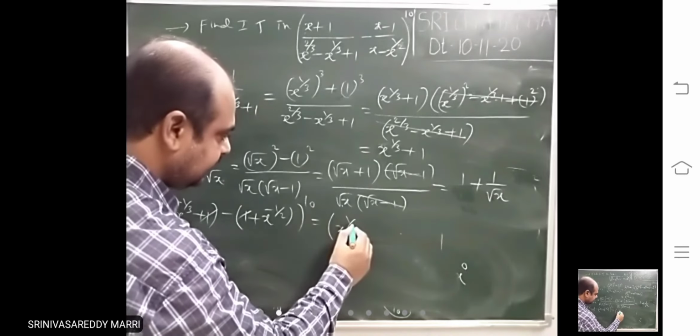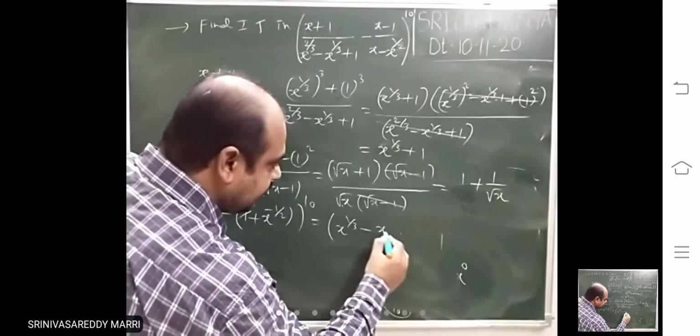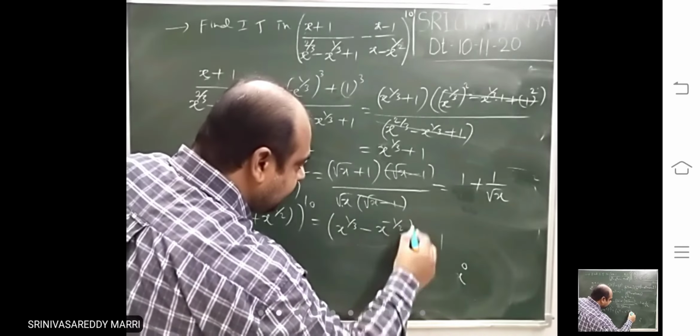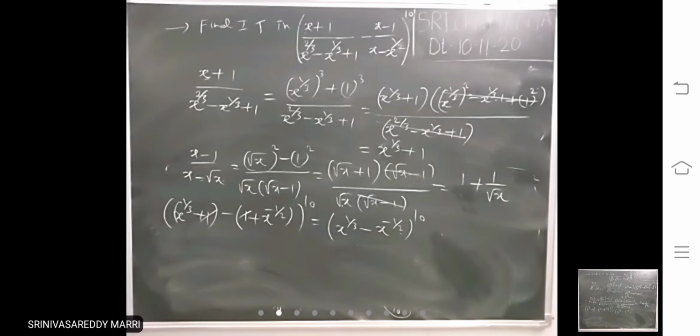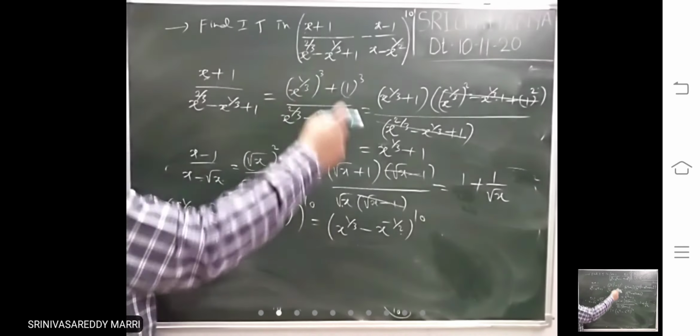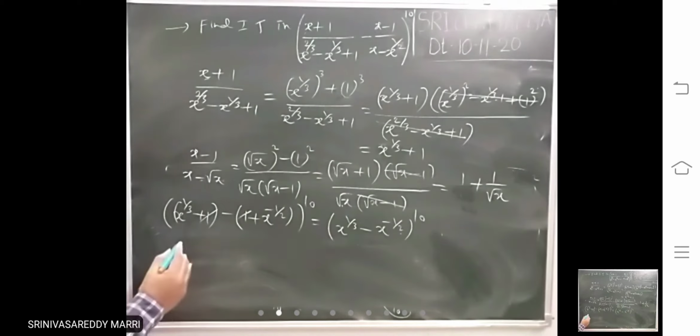That means you are getting x power 1 by 3 minus x power minus 1 by 2 to the power 10. Finding the term in this is easy, rather than the original one. Now write the general term.